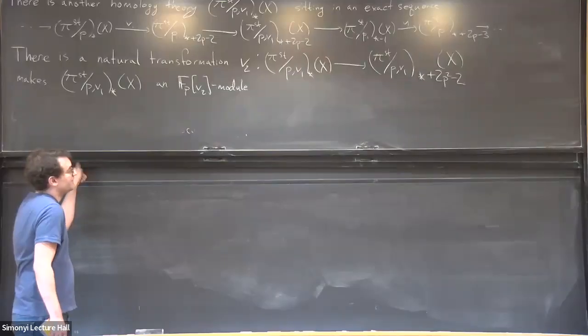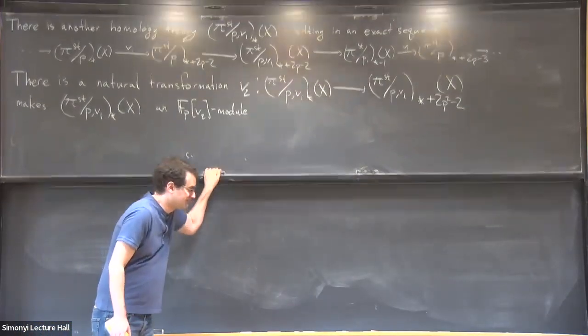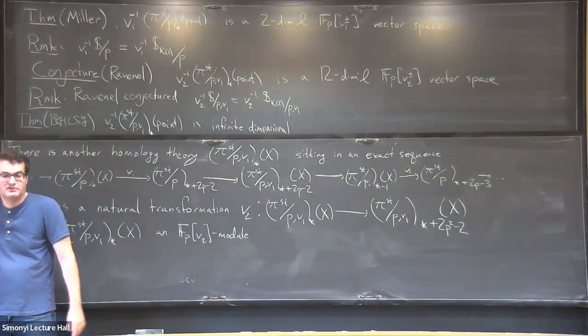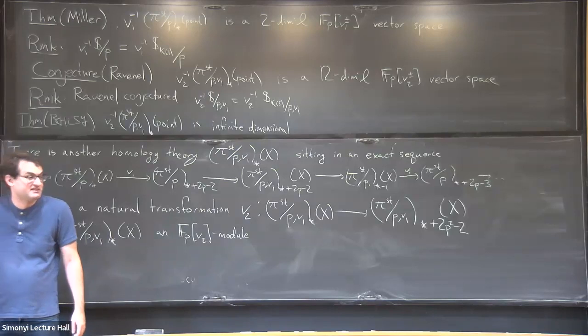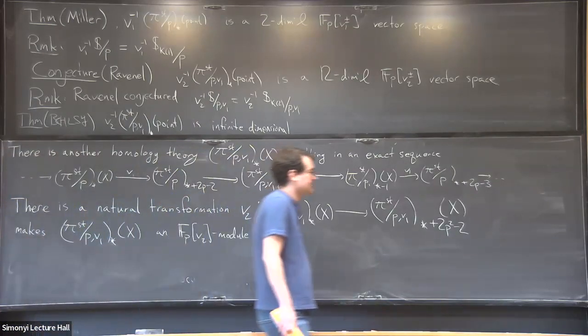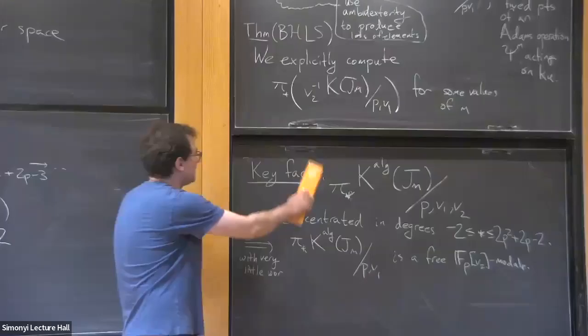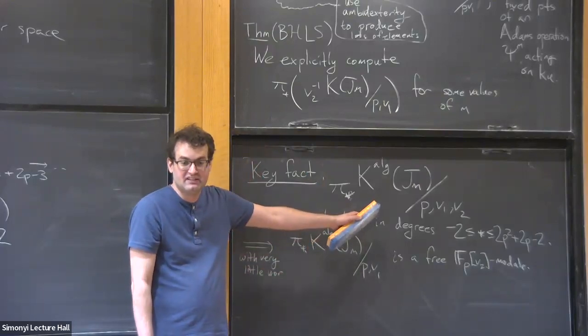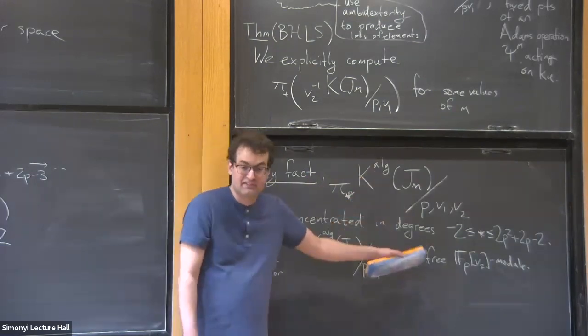So, one thing I wanted to say is just that syntomic cohomology is one tool for proving Lichtenbaum-Quillen style theorems. Here, the key thing powering this proof of the telescope conjecture is a Lichtenbaum-Quillen type thing, but not for KU, but for some fixed points.